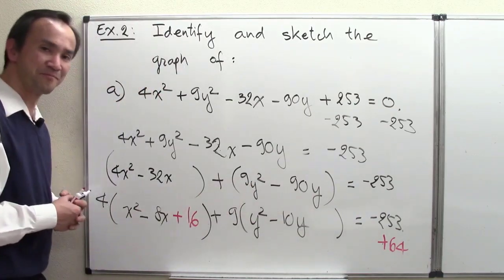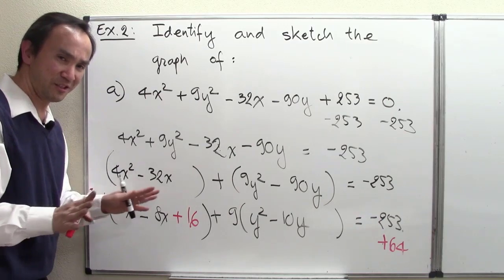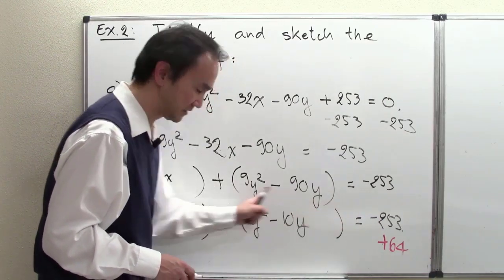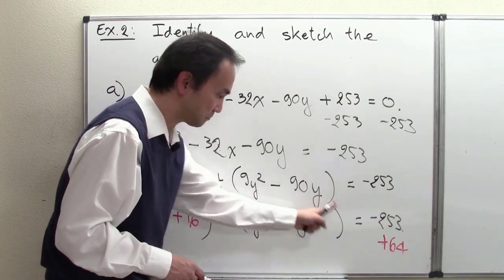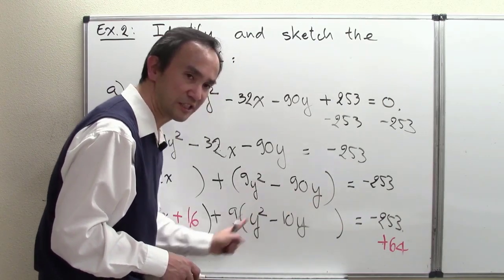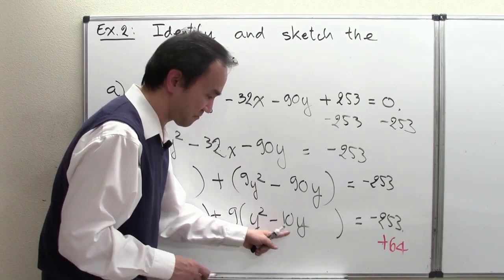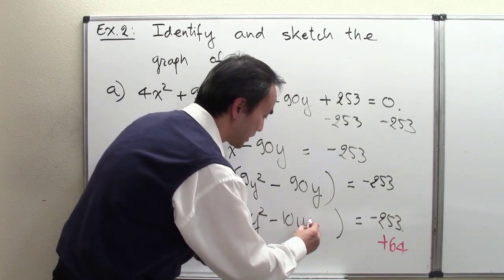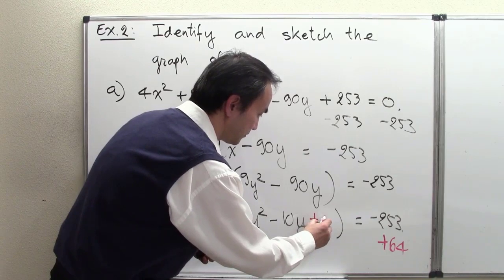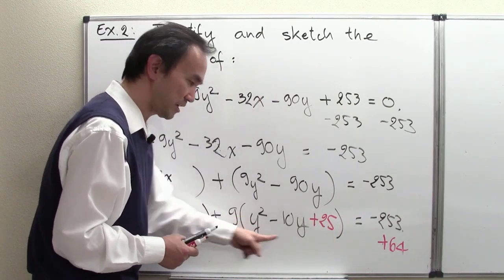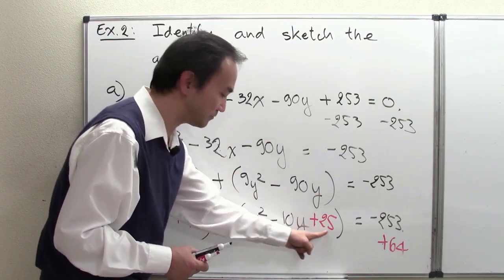All right, and so similarly, in the same way, in this pair of grouping parentheses here I have y squared minus 10y. I'm going to decide to add 25 right here to complete the square inside of our parentheses.